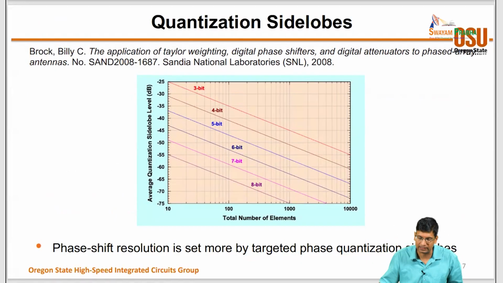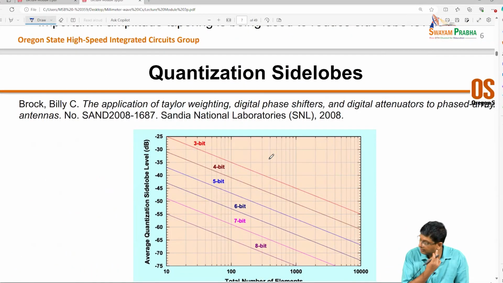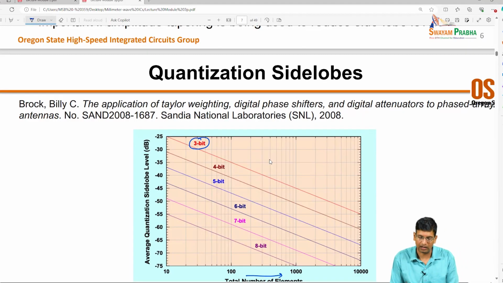So what you can see here is quantization side lobe levels as a function of the number of bits in the array and the number of elements that are there in the array, right? And you can also see that as I go from 2-bit to 3-bit to 4-bit to 5-bit, basically it is dropping by 6 dB.